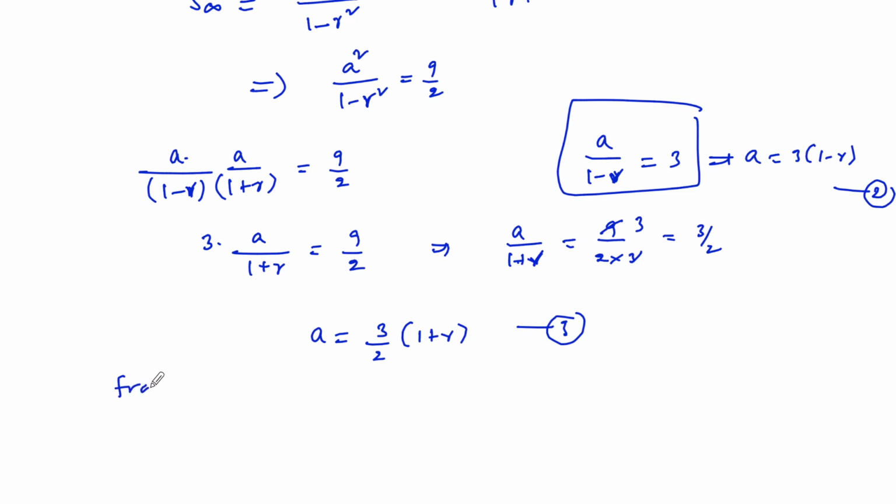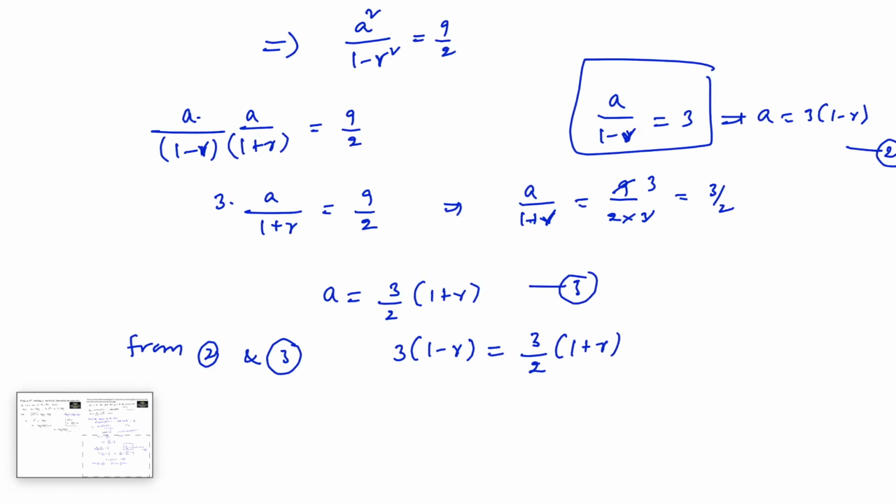From 2 and 3, we can write 3 times 1 minus R is equal to 3 upon 2 times 1 plus R. Simplifying, 3 gets cancelled.